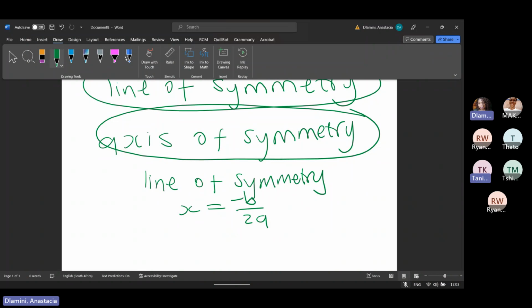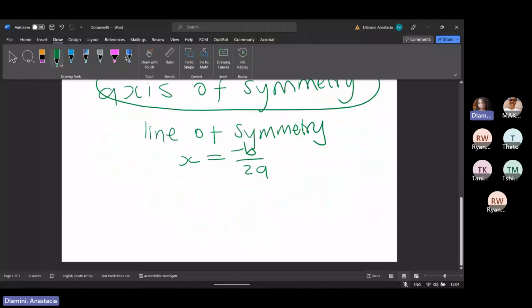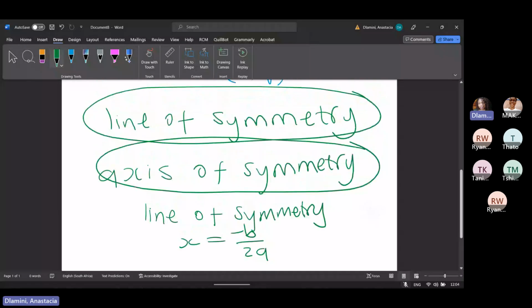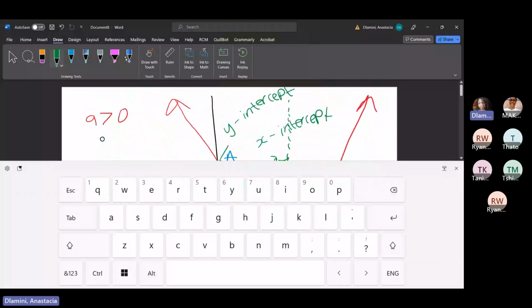Is someone lost? Guys, I need to know. I'm saying the line of symmetry.